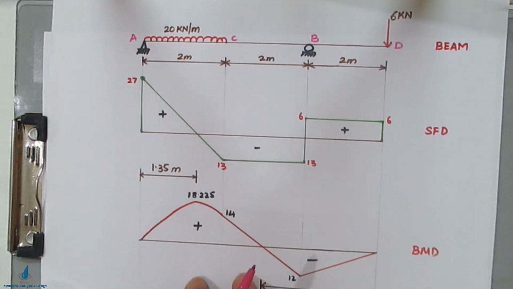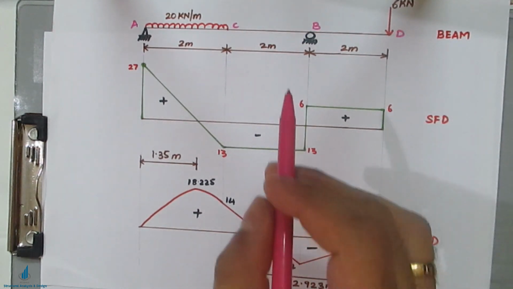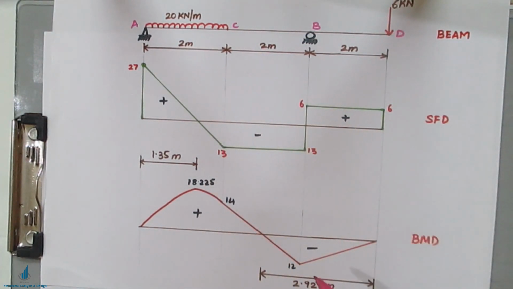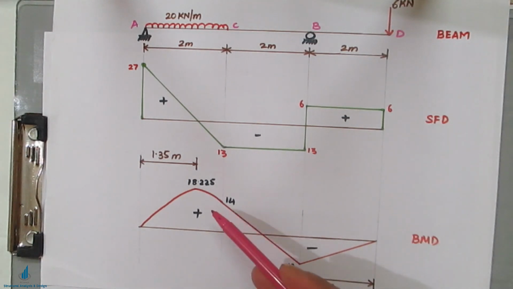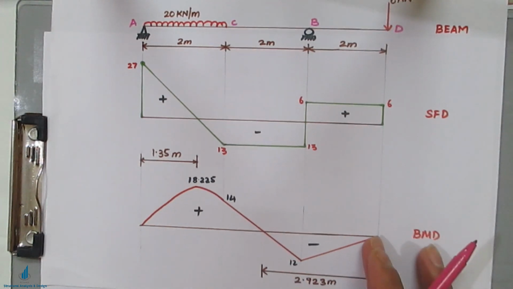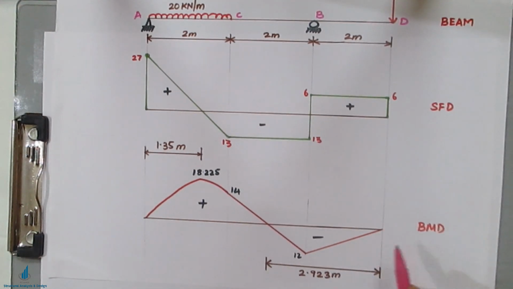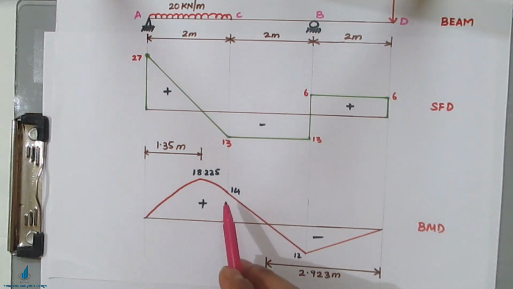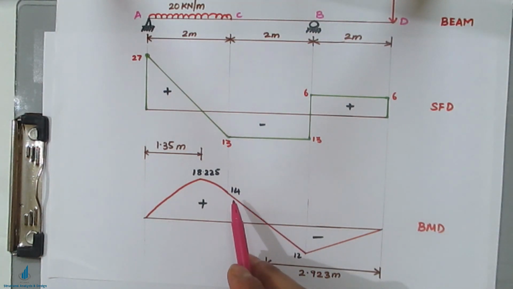And the point of contraflexure was at the span CB. Just see here, it is changing from negative to positive. So first it was 0. So these are the 0 positions. So it was 0, then it became minus 12 kilonewton meter, and then it suddenly changed till 14. It became from minus 12 to positive 14. So it changed the sign. So somewhere here the bending moment was 0, and this was the point of contraflexure.